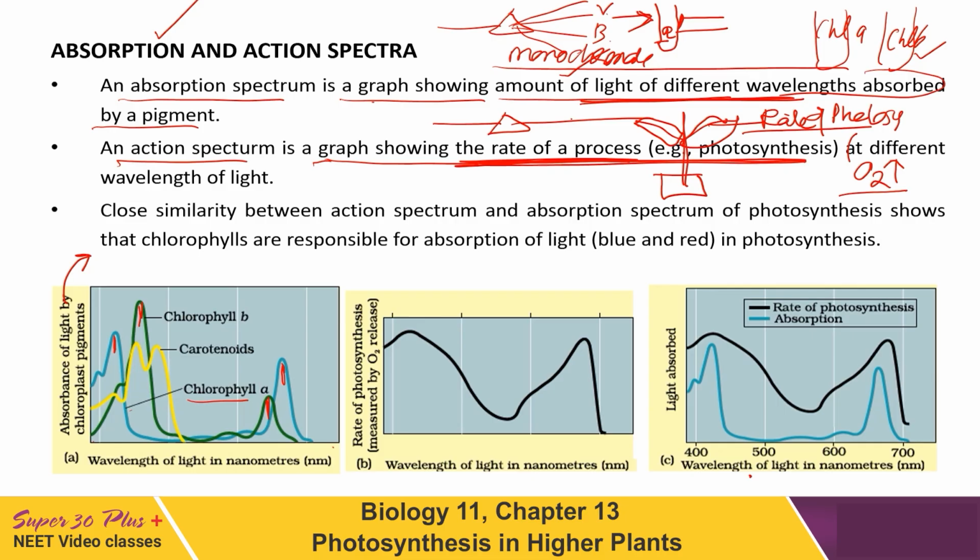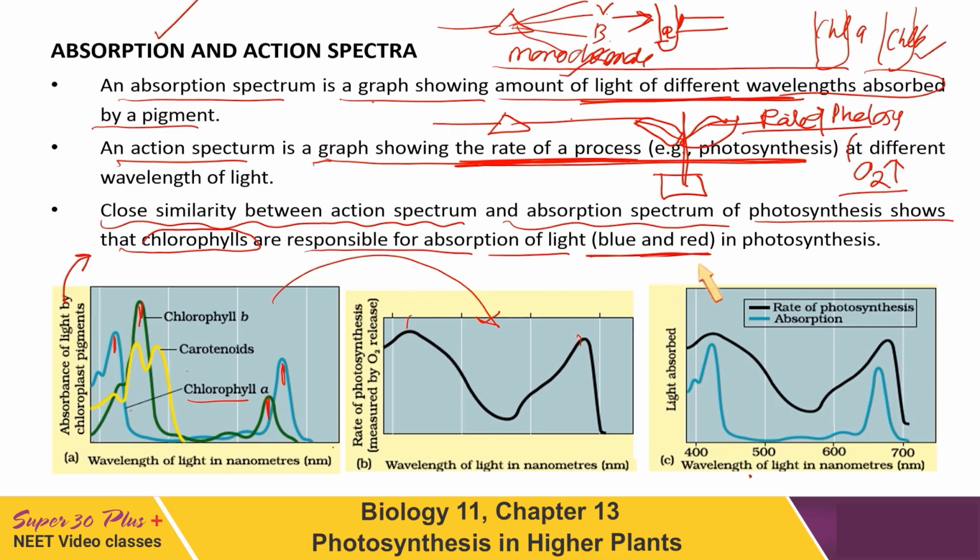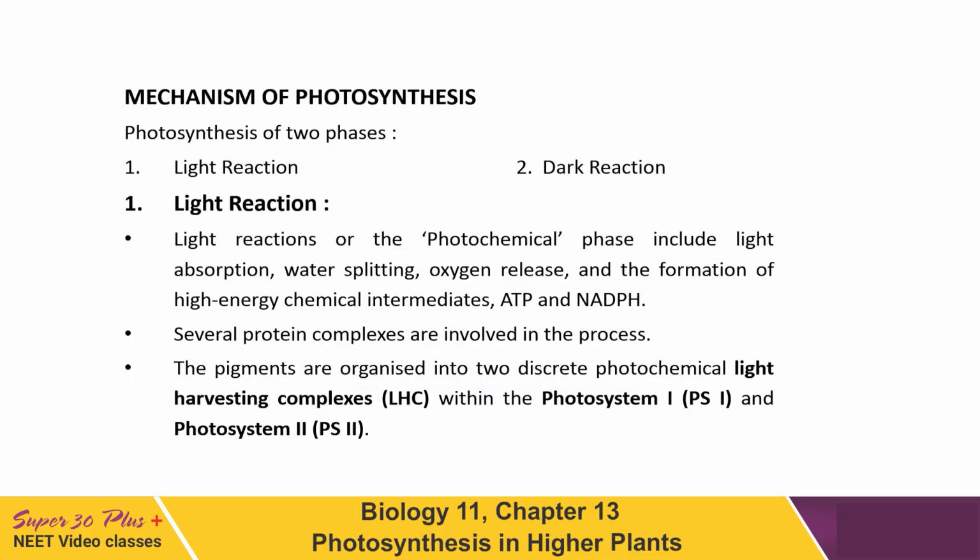If you put this graph on this, here is a peak and here is a peak. If we keep the absorption spectrum on the action spectrum, we find a close similarity between the action spectrum and the absorption spectrum of photosynthesis, and it shows that chlorophylls are responsible for absorption of light, blue and red, in photosynthesis. Is it very much clear to you? Yes, we will switch on to the next now.